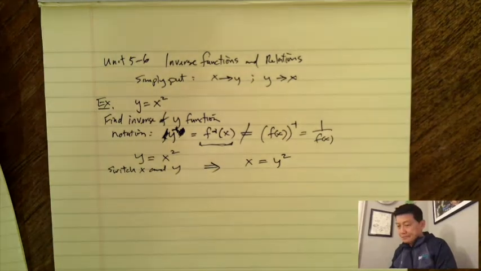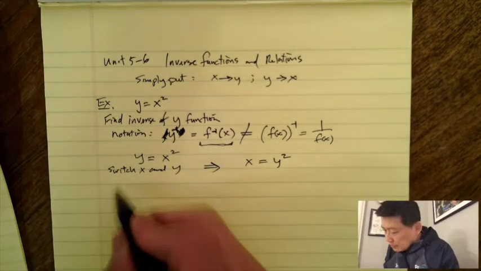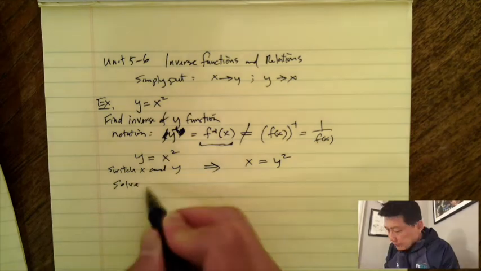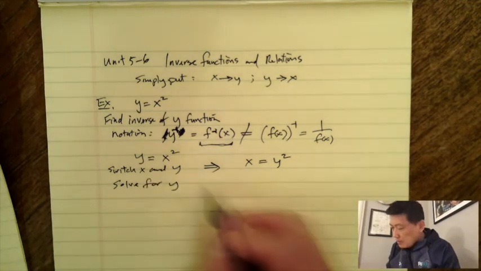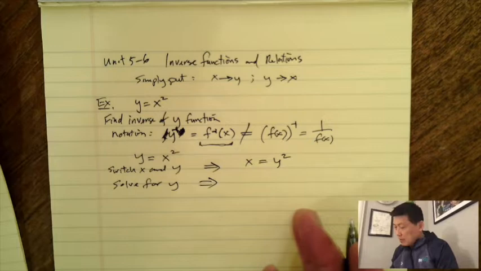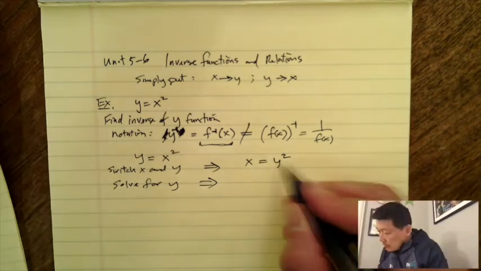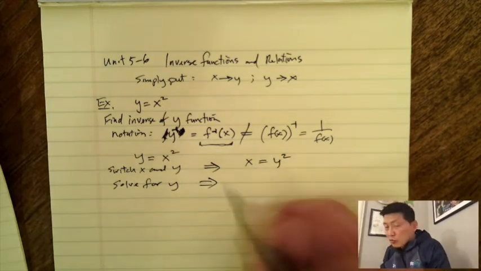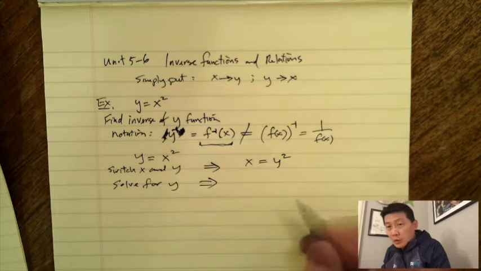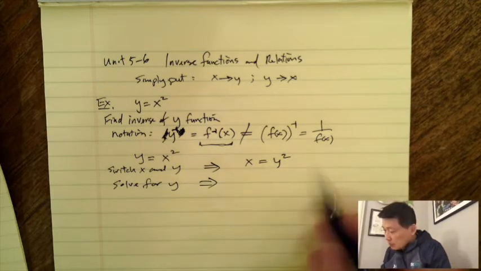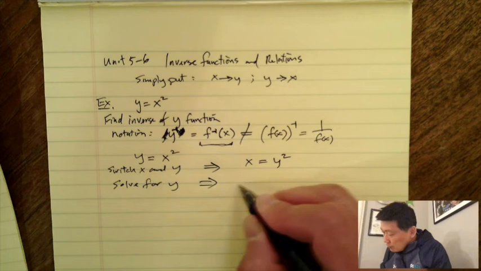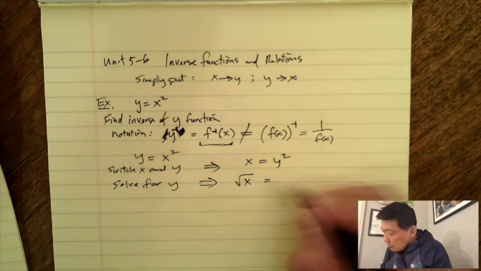Okay? And then we solve for y. If you want to solve for y, you have y squared equal to x, so you square root on both sides. Remember, you want to square root on both sides of the equation.